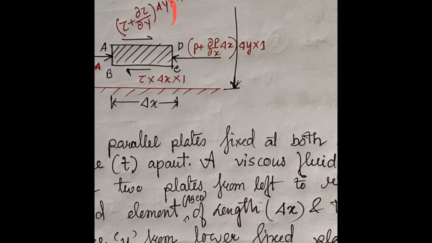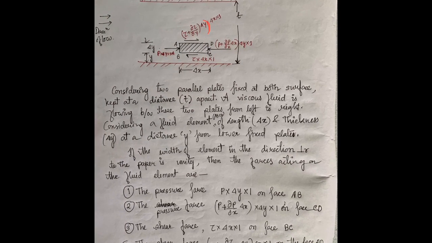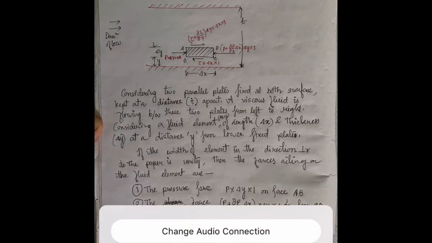There is one ratio which you have to find out, from maximum velocity to average velocity. As I have told you, the maximum velocity occurs in the middle of the plate, that means at y equal to t by 2, where t is the distance between the two plates, isn't it?